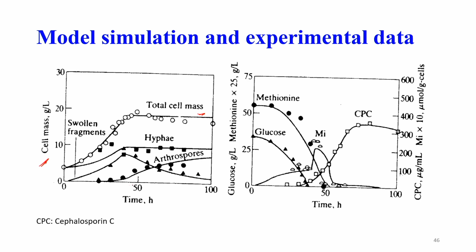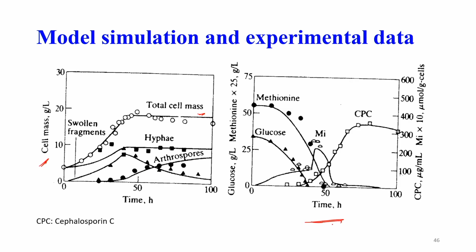So, your model has predicted the total biomass, hyphae, swollen fragment as well as the arthrospore very well. Hyphae is growing, reaching a plateau, and then hyphae is converted to the swollen biomass, and from here this swollen biomass is converted to the spore.